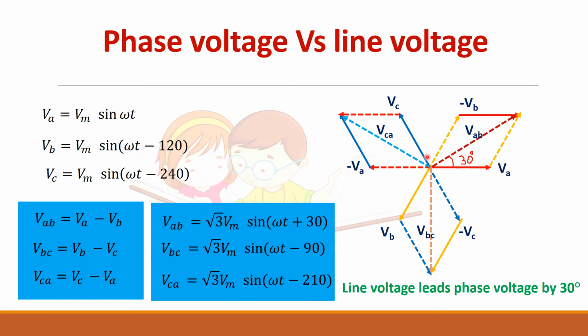For VCA, what is the angle? 180 plus 30 degree, so it is 210 degree. So VCA is equal to root 3 Vm sin(omega t minus 210 degree). So you remember VA, VB, VC as well as VAB, VBC and VCA values.